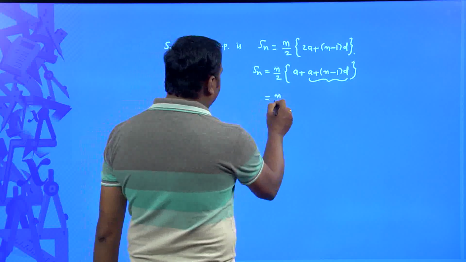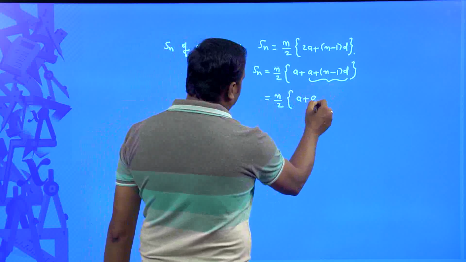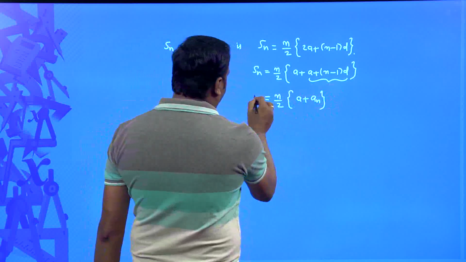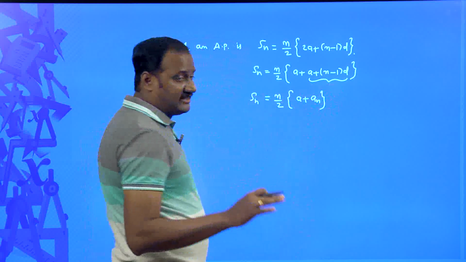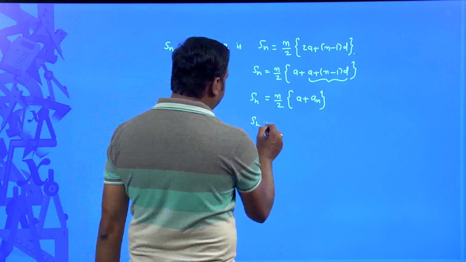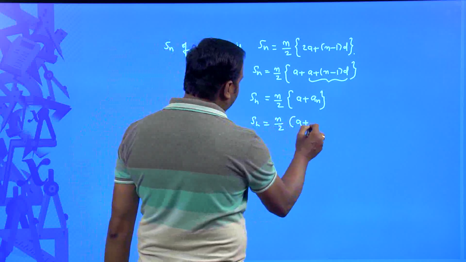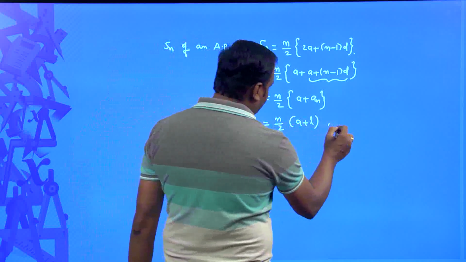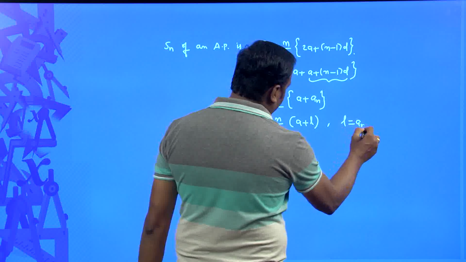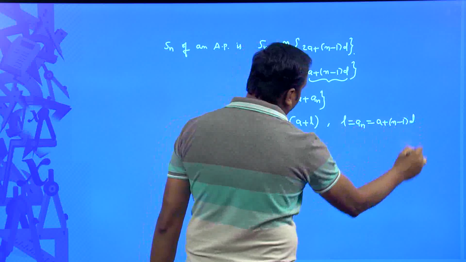Yes, you can write it as n by 2 into a plus, this is the nth term, so an, and you can even write this an as the last term of the arithmetic progression also. So, you can even use the notation Sn is equal to n by 2 into a plus l, where l is equal to the nth term, which is going to be a plus n minus 1 into d, right.